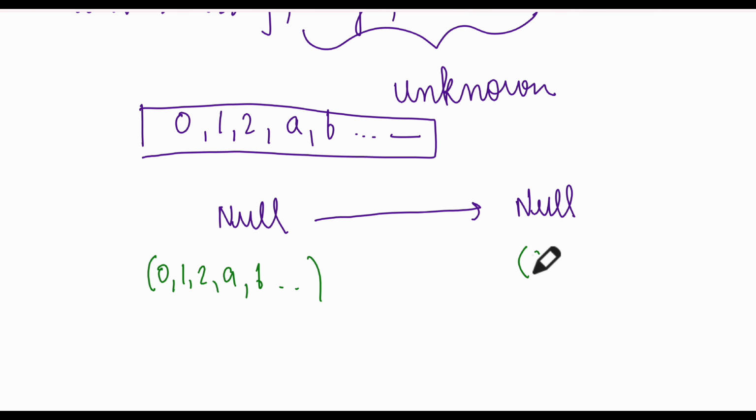And here also it could be 0, 1, 2, A, B, anything. You do not know what is present in the backend. So whenever you try to map or merge, it will not merge. A null will never merge with null because it does not know what the value is in the backend. It is an unknown value, so because it does not know the value, it will never merge.